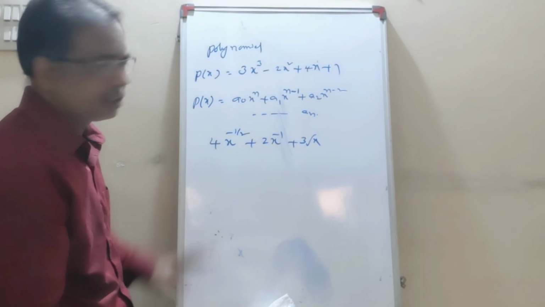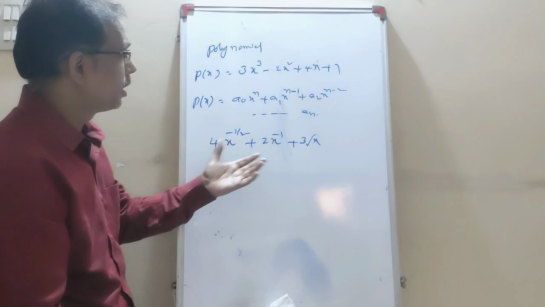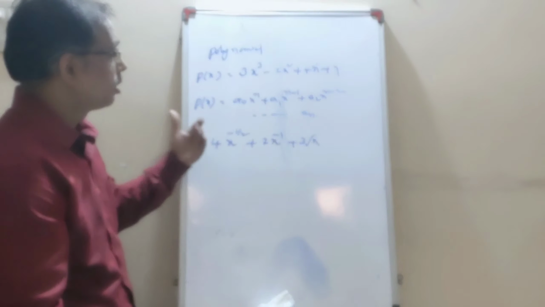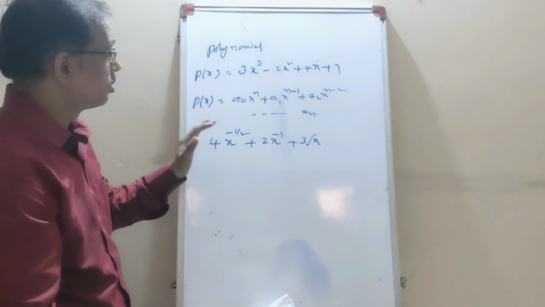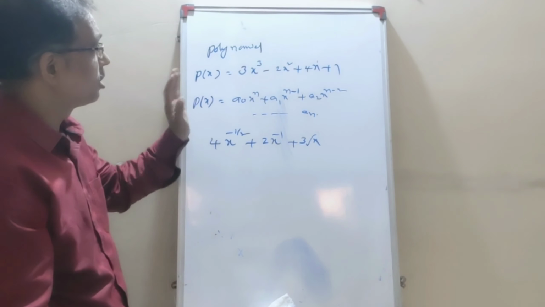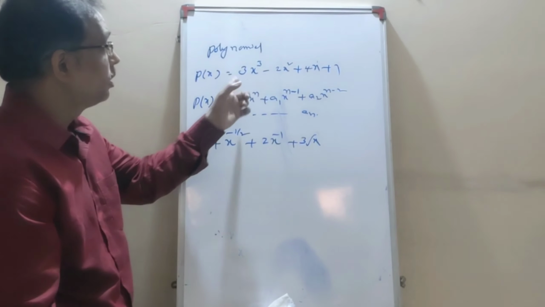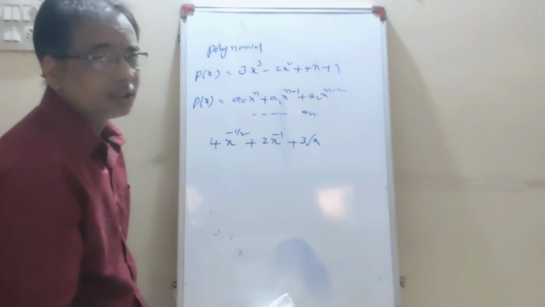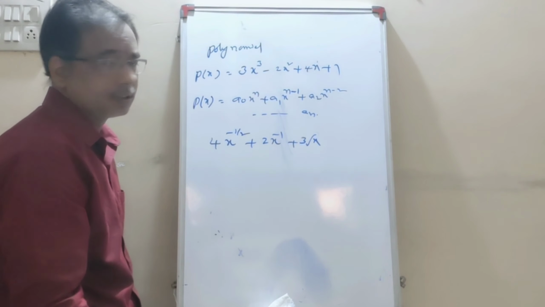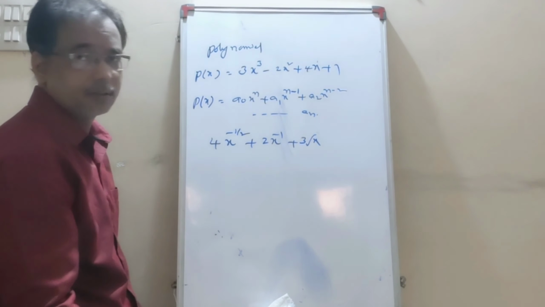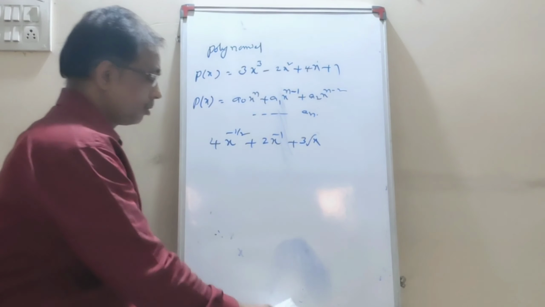Okay? These are only multinomials, where we take the expression as having more than 2 terms. So that's not a polynomial. Polynomial means a variable exists and its powers must be positive integers, that is non-negative integrals.